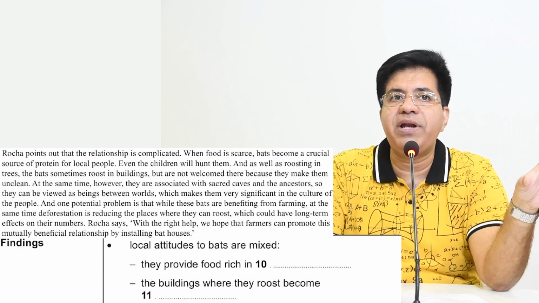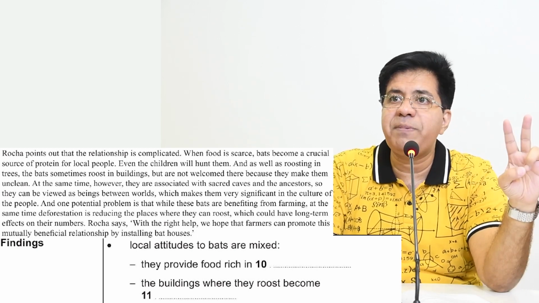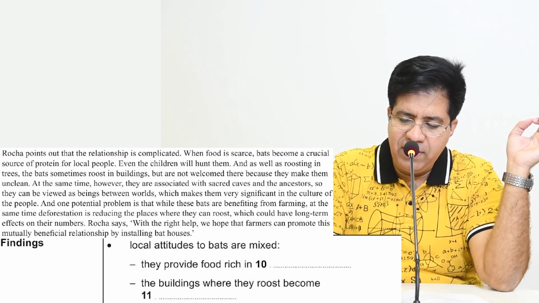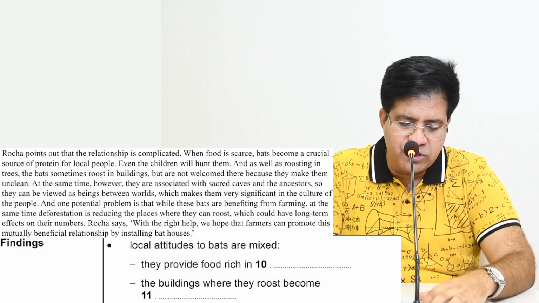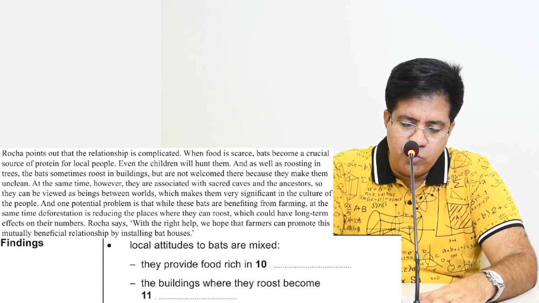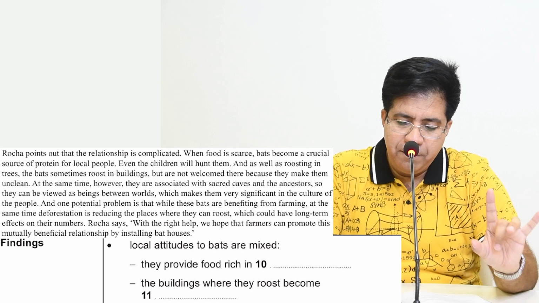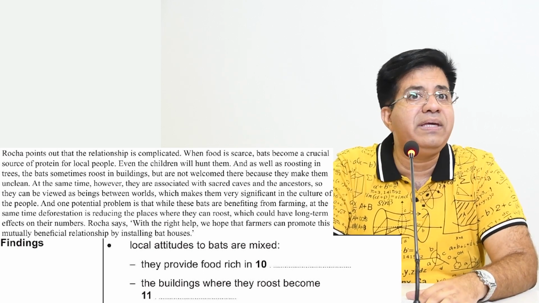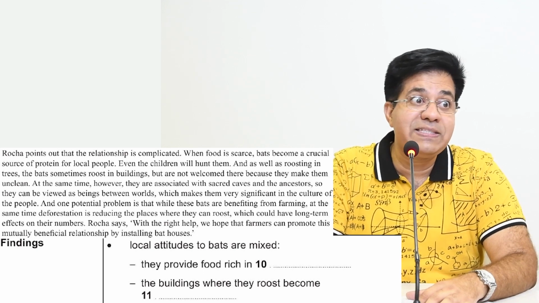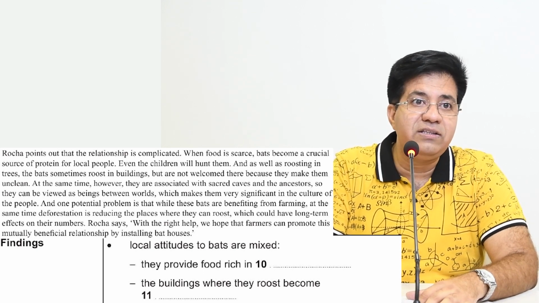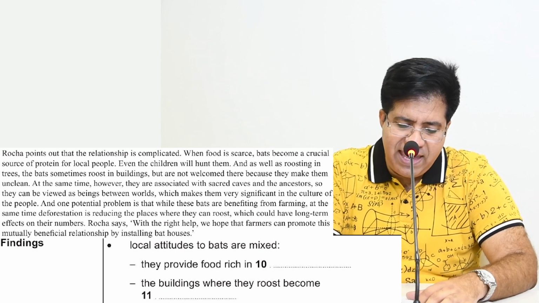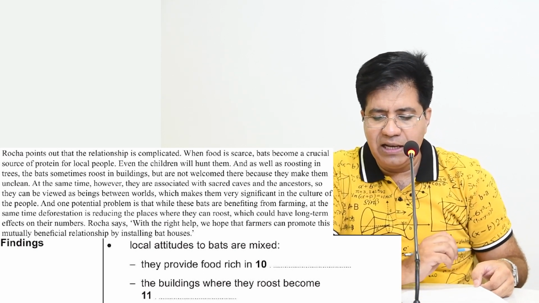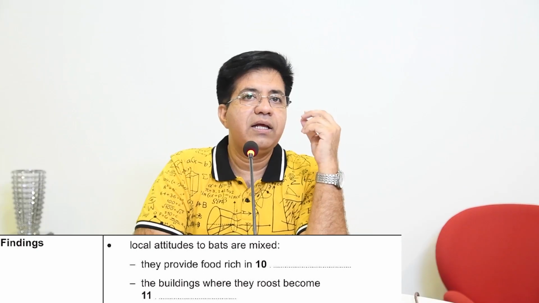Even the children will hunt them, and as well as roosting in trees, the bats sometimes roost in buildings. Now be careful. But are not welcome there because they make them. Them means buildings. Again, this is very important, to see where they or them goes. They make them unclean. So buildings become unclean. Answer is unclean. Got it?